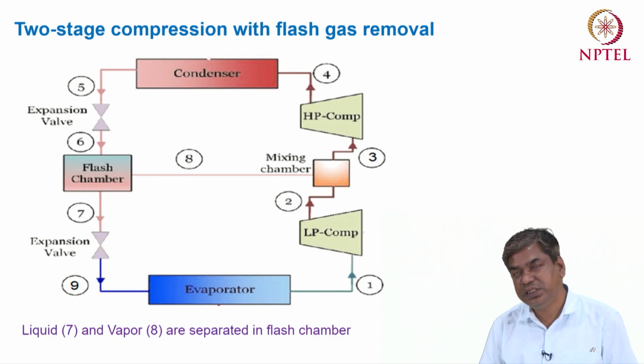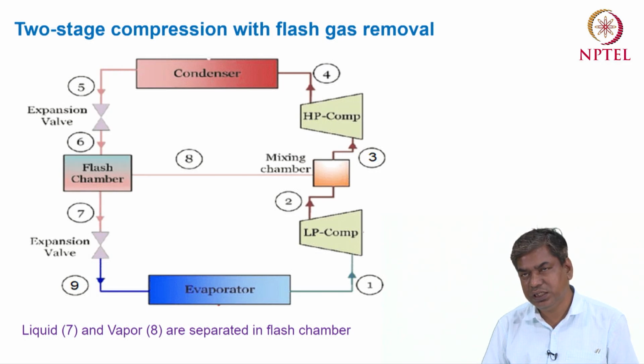After the mixing process, the temperature T2, the temperature after the first compressor, changes to the state at point 3. The temperature T3 is always lower compared to temperature T2. So this is also one type of intercooling in between the two compressors.